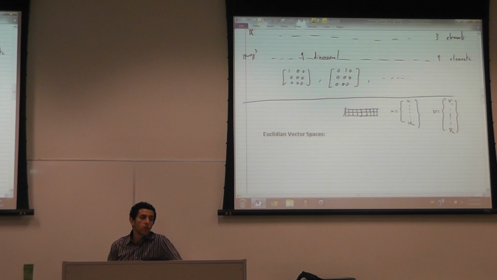To know how close U is to V, we need a measure other than addition and multiplication by a scalar. We need a measure of the size of a vector. We need a measure of how far the vectors are from each other.